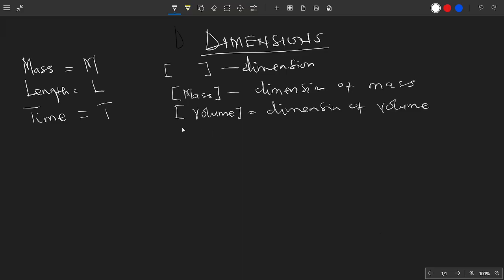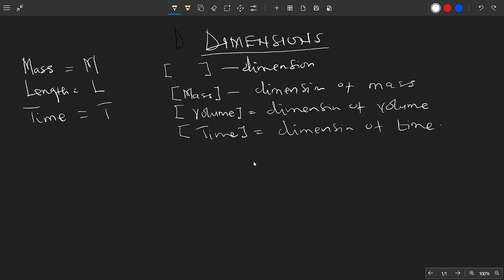And if I write time in a square bracket, this means the dimension of time.